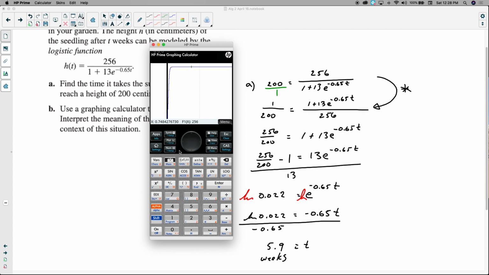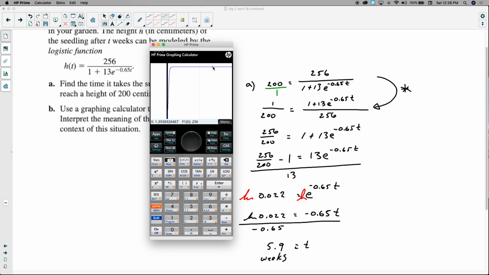Okay, so what is happening here is time passes, and then the sunflower grows. The idea is that it grows really fast, and then it reaches a peak, and then it slows down, and that's how high it's going to grow.